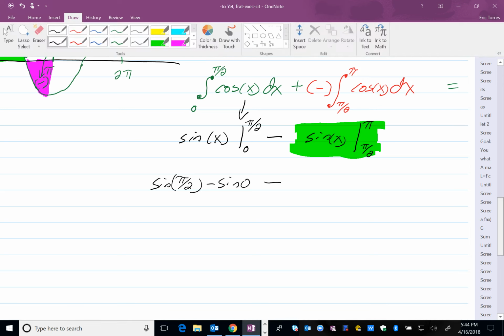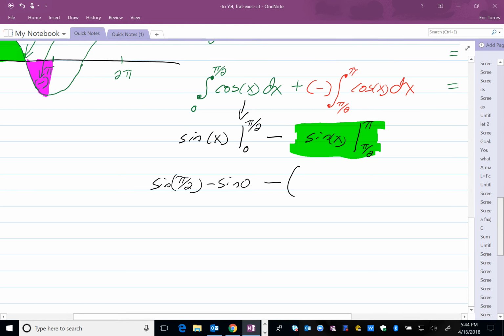Minus, going to do the green part. Okay, so I'm subtracting. Oops. Back up. It's supposed to be green. Subtracting, plugging in sine of pi minus sine of pi over 2.